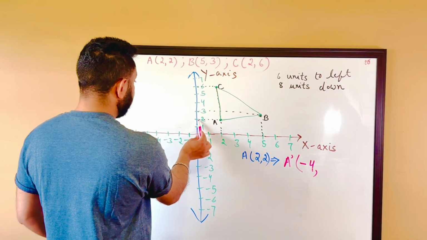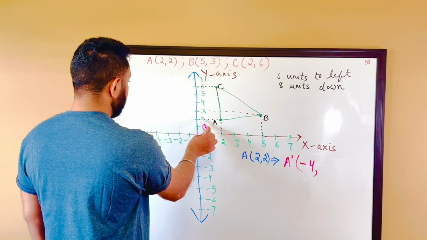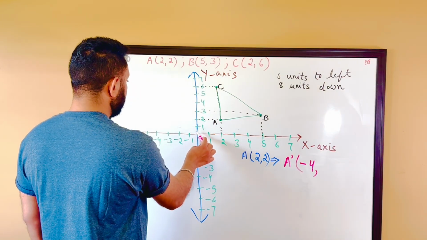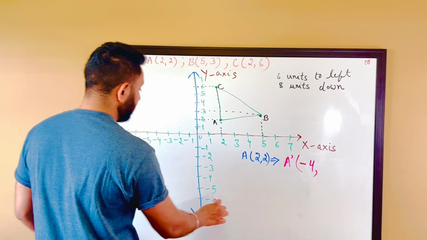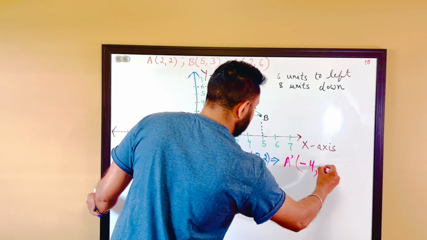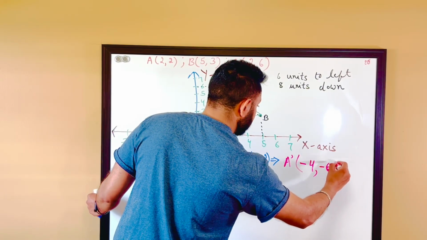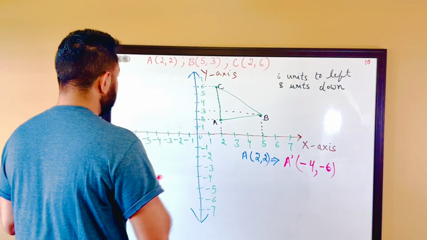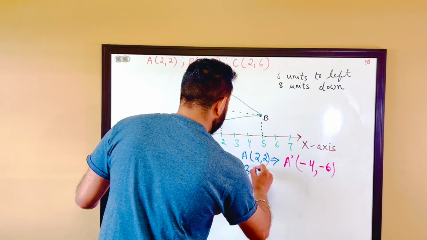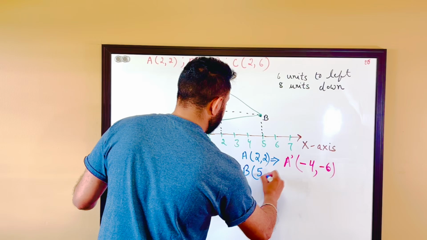So let's say we are here, like 2, 1, 2, 3, 4, 5, 6, 7, 8, so that means here -6. And the same goes with coordinate B, that is (5, 3).